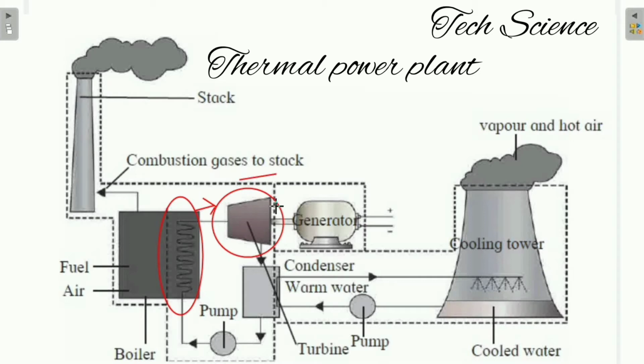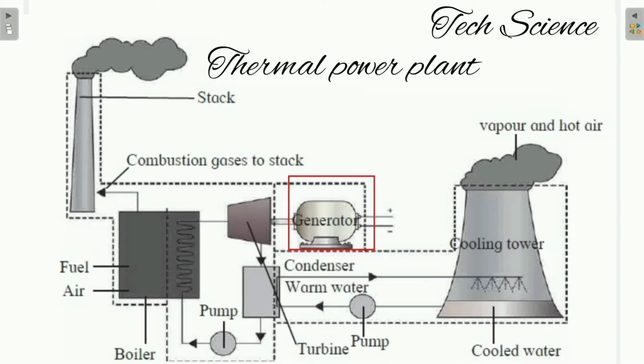The turbine rotates, and this turbine is connected to the generator, and inside the generator magnets start rotating. As per the principle of electromagnetic induction, when a magnet rotates in a conductor, voltage is automatically induced. Ultimately you get the electricity.